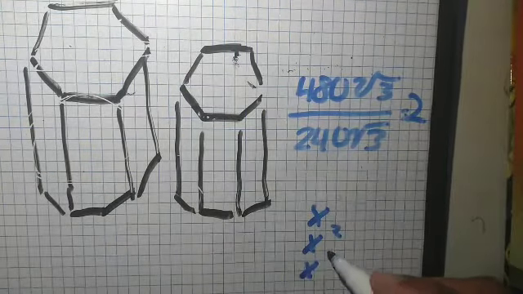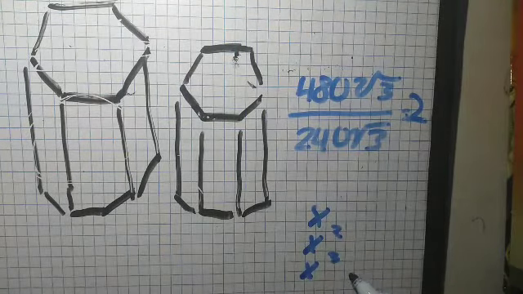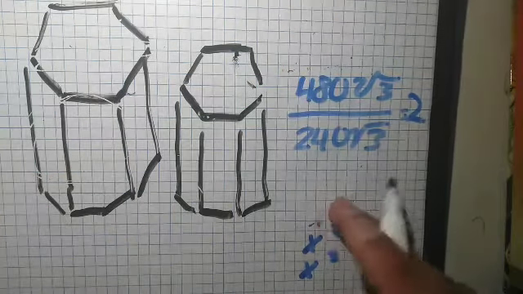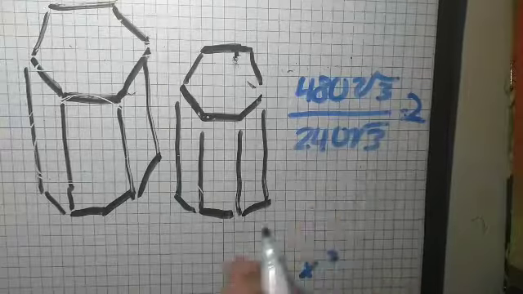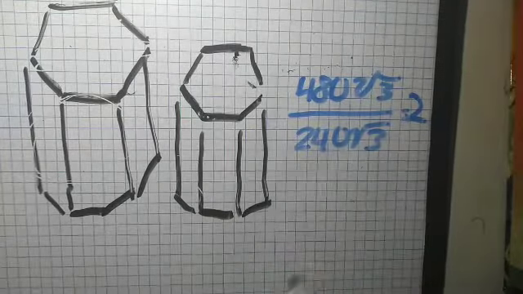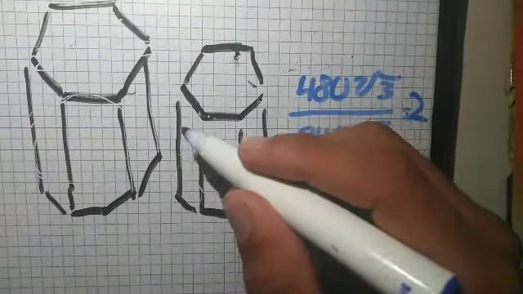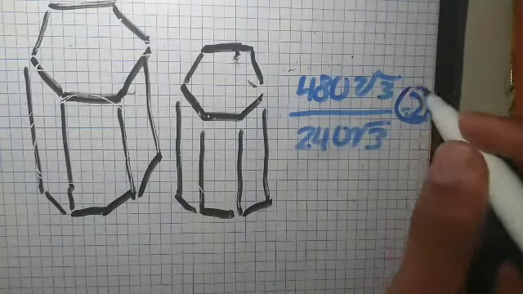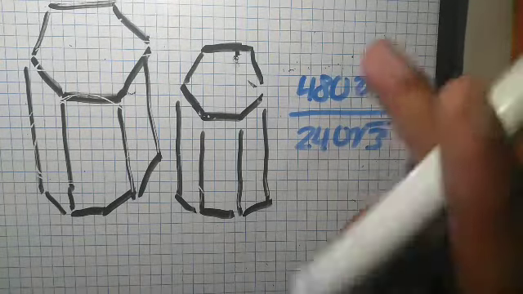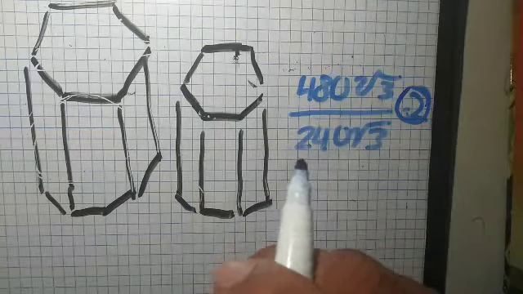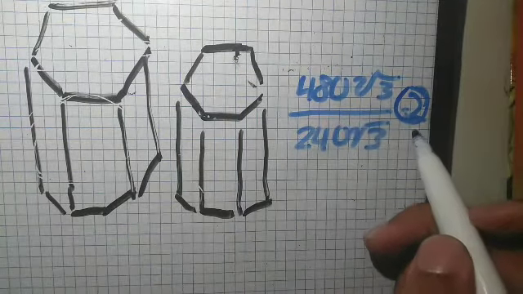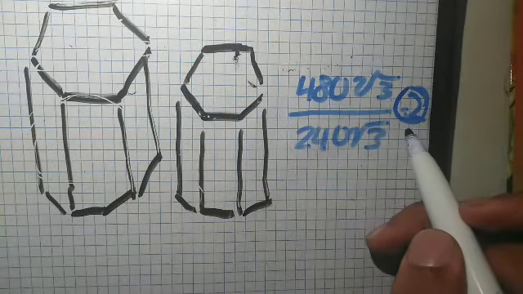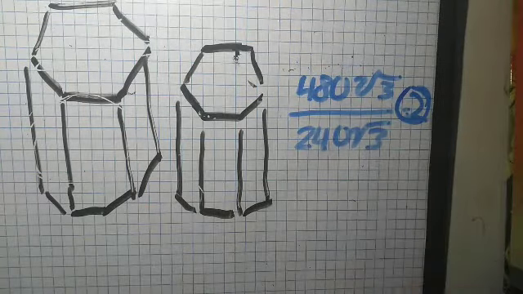Then x to the power of 3, which is the volume. Now using this information, the volume, we are going to multiply our side lengths by the cube root of this ratio. So what does that look like?